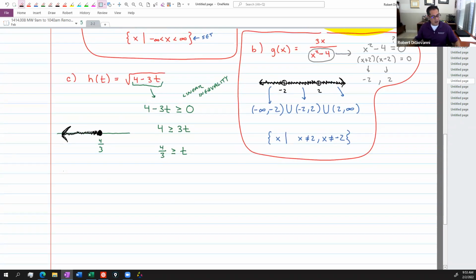The way we write that in interval notation, negative infinity, it's almost like we're reading this left to right. Negative infinity is way out here, comma, and then we want to get to 4/3, and we want to include 4/3 this time. So I will put a bracket on the 4/3 instead of a parenthesis. That's it. That's our domain.